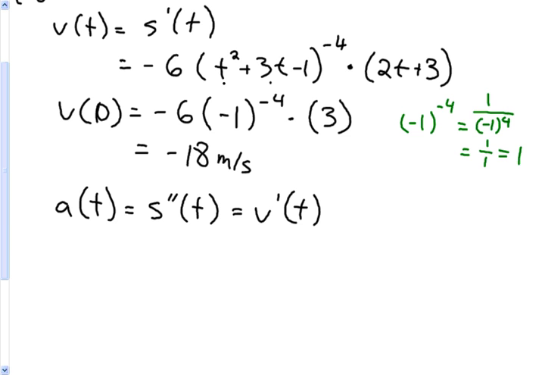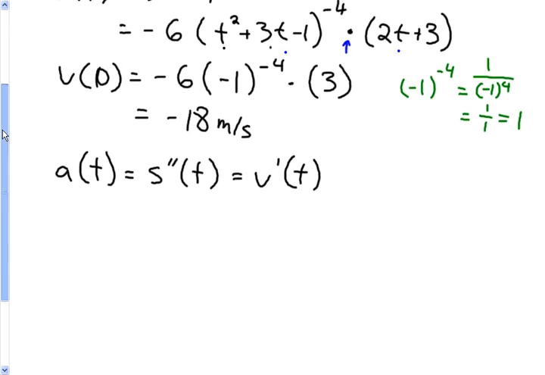So we look at our velocity function up here, and we see that we've got negative 6 times (t squared plus 3t minus 1) to the negative 4 times (2t plus 3). Because we have this multiplication in the middle, and we've got a function of t over here and a function of t over here, we are going to have to use our product rule to do this derivative.